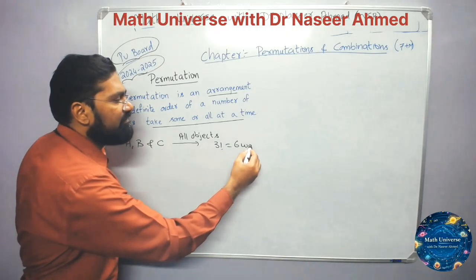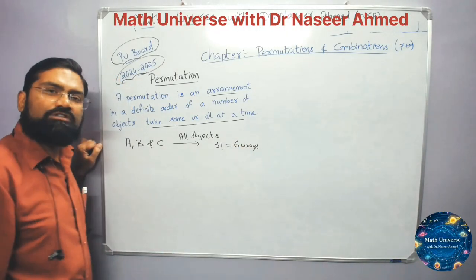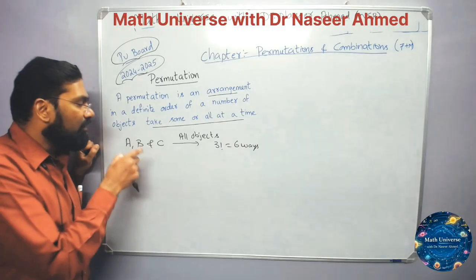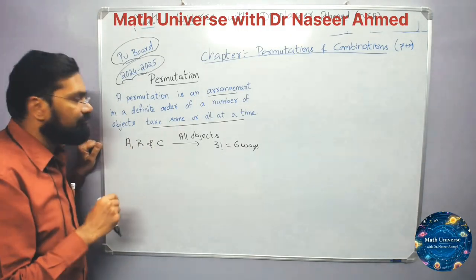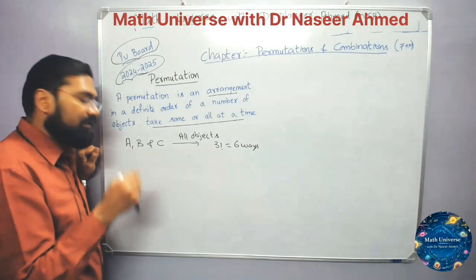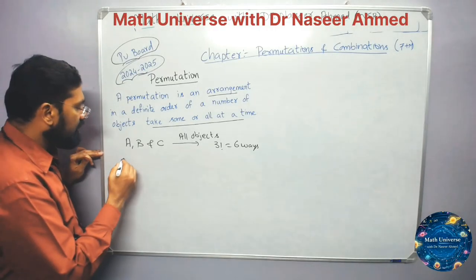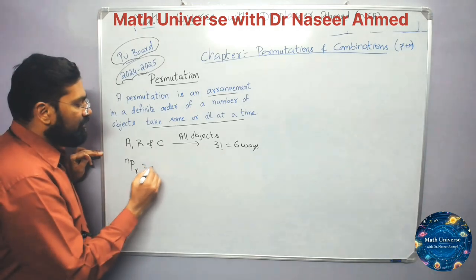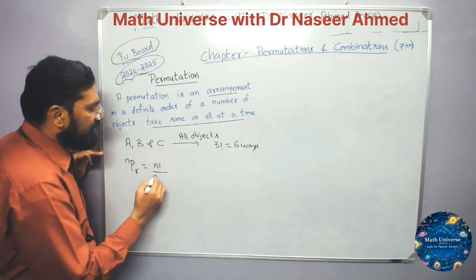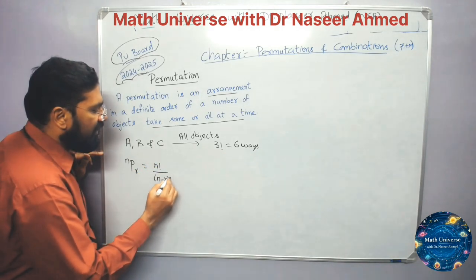Now the question comes, what if I want to take few objects, not all, some objects, then do we have any formula? Yes, we have. It is nPr is equal to n factorial divided by n minus r factorial.